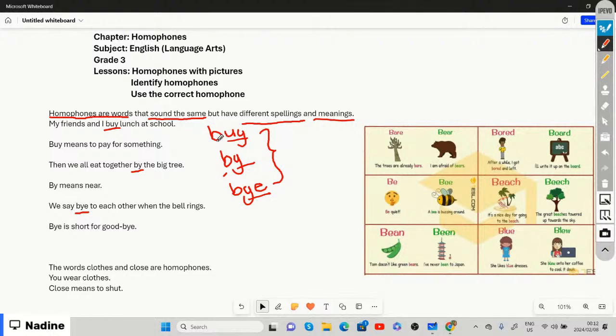It's almost a form of location or distance. And the third one, bye, B-Y-E, is short for saying goodbye. It's when you're leaving and greeting somebody. Instead of saying the full word goodbye, you can just say bye.